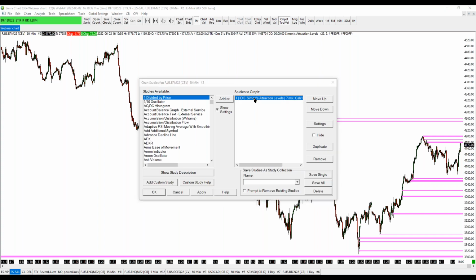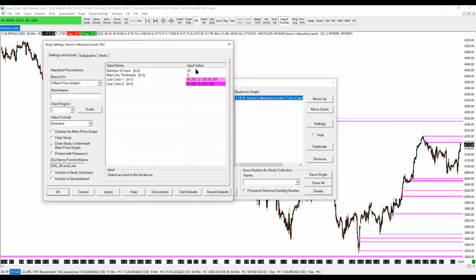I'll go to the SAL indicator. I can put 50. This is 50. I'll press OK. Now I have 50 levels that market makers or market movers, or I would say the big boys, 50 entries from the big boys that I can see where they are ahead of time.